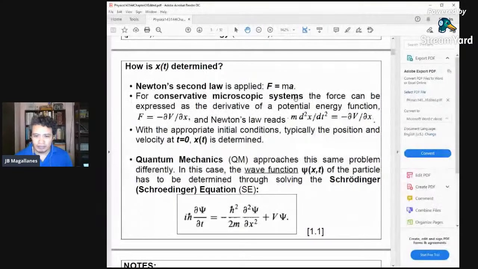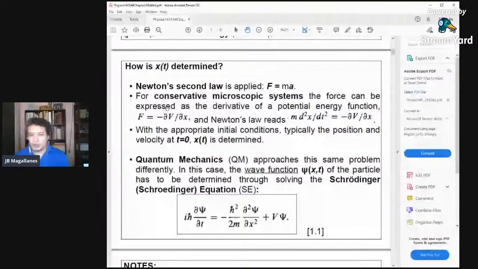And this is just equal to the negative differential of the potential with respect to space, in this case x. The potential usually for conservative systems is just a function of space. So that's why you have only the space derivative here.